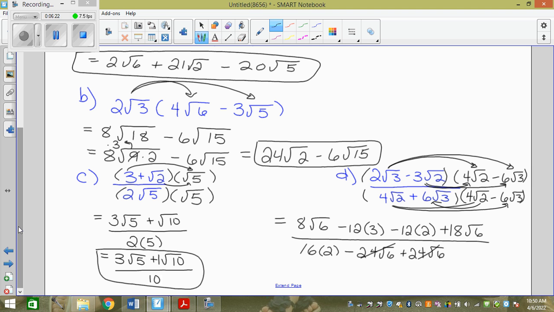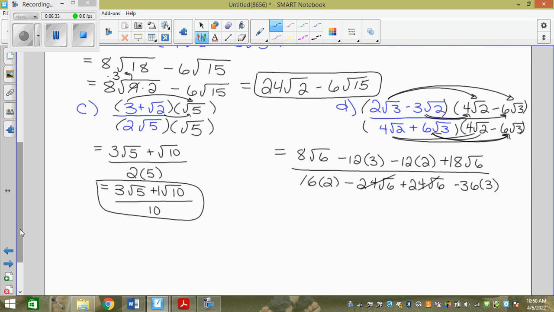Then I have 6 root 3 times negative 6 root 3. 6 times negative 6 is negative 36. Root 3 times root 3 is 3. And so I get 8 root 6 minus 36 minus 24 plus 18 root 6, all over 16 times 2 is 32. 36 times 3 is negative 108.